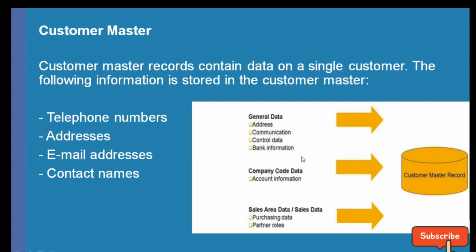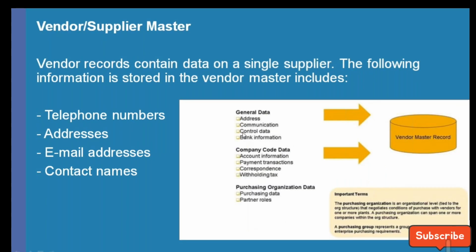If you open the change request, this is how it will come in the change request. We will have a detailed discussion down the line. Then coming to the vendor, again, this is the business partner information, business partner address, communication, control data, bank information, tax detail, role details, etc.